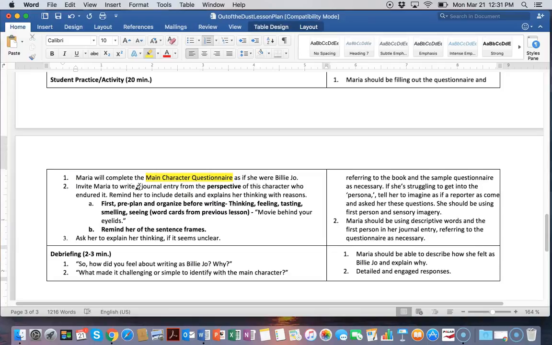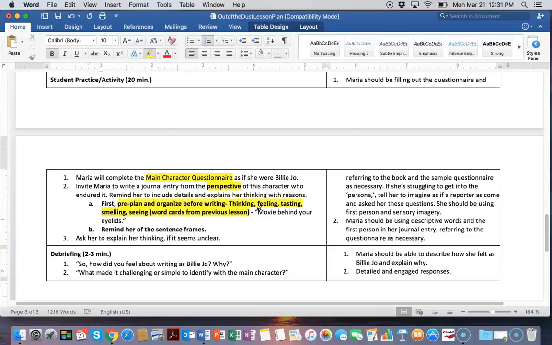The tutor invites Maria to write the journal entry, again repeating the vocabulary, from the perspective of the character. Before she has her begin writing, she prompts her to pre-plan and organize before writing, by jotting down some thinking, feeling, tasting, smelling, seeing words, again using the word cards from the previous lesson.